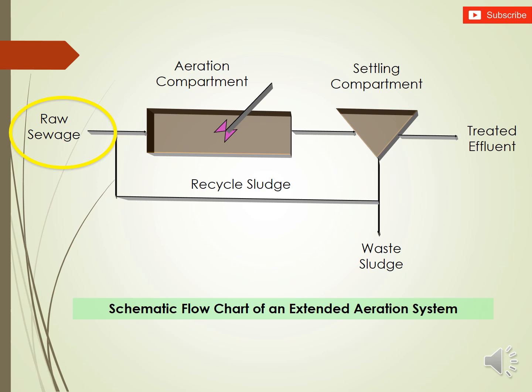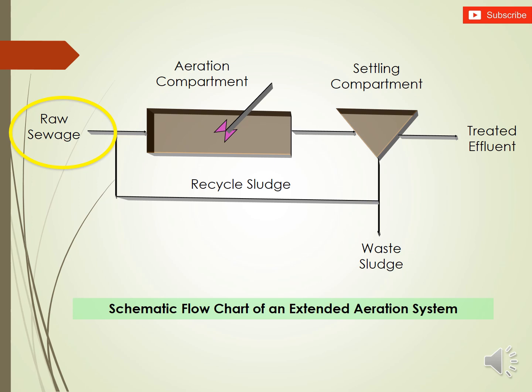Of course, we will apply the screening: coarse screens, fine screens, grit chambers, and oil and grease removal. These are basic, which is applied, or should be applied, for any treatment system. Okay, and then the wastewater will be sent directly to the aeration compartment.